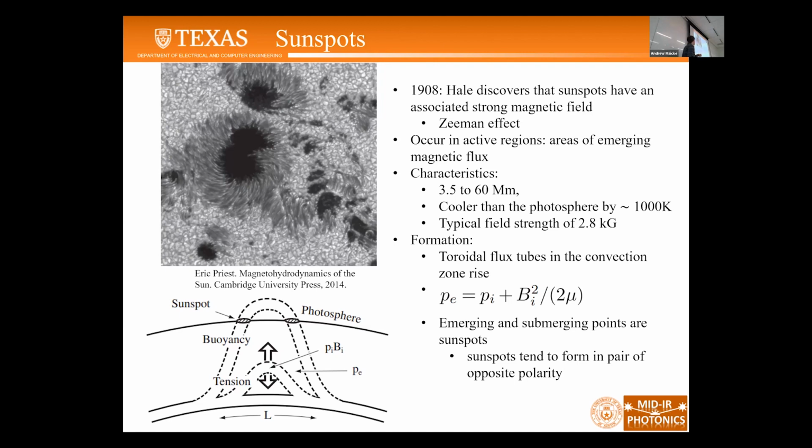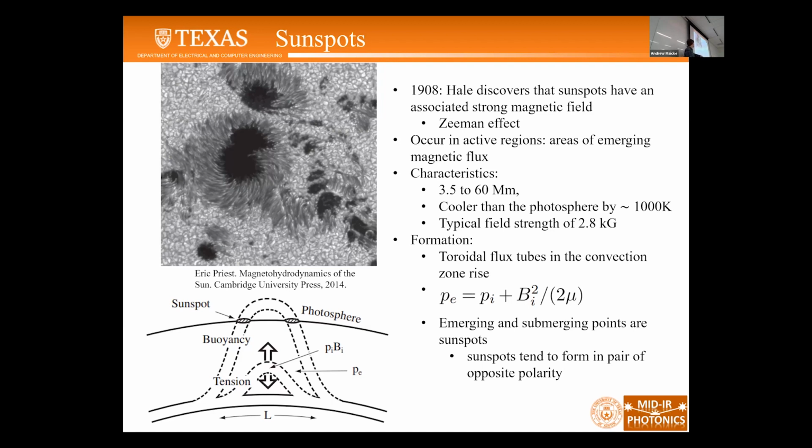The reason for that is if you assume that the magnetic flux loops don't experience any horizontal force, you can state that the external pressure is equal to the internal pressure plus a magnetic pressure. The origin of that term I'll get to later. But if you then look at the z-axis, you'll see that the external pressure has to be higher than the internal pressure, and that means that that magnetic flux loop is going to experience an upward force.